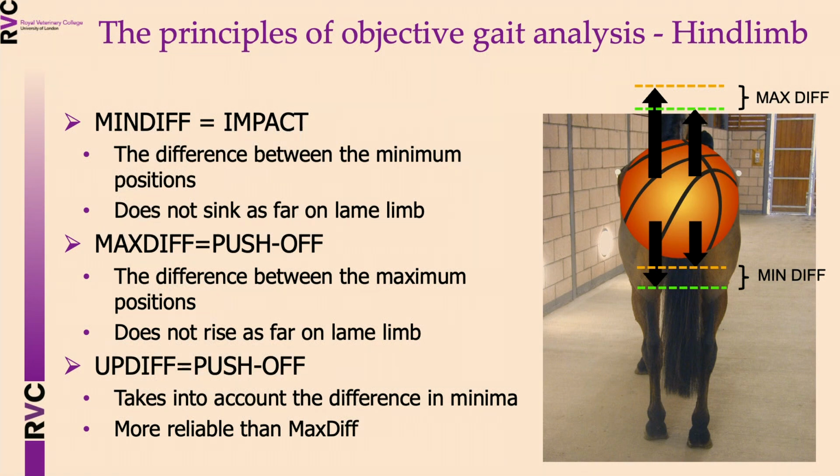There's a third parameter which you can calculate from these values in both fore and hind legs, known as the up diff. This takes into account the difference in the minimum points where they start to push up.